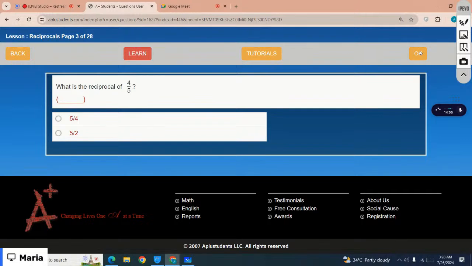What is the reciprocal of 4 over 5? Which is the correct option? Yes, that is 5 by 4. Option number 1 is the correct option. Got it?